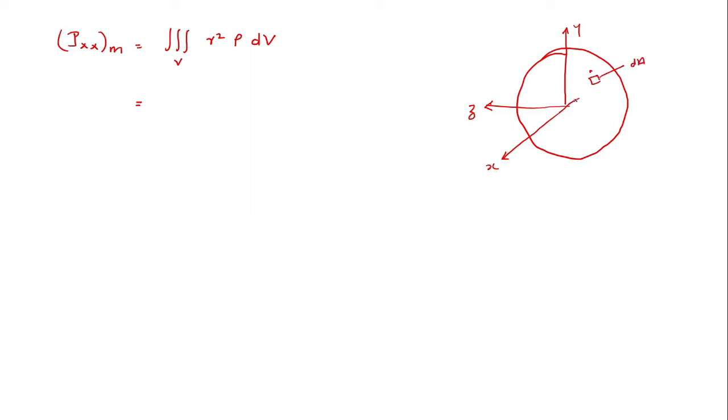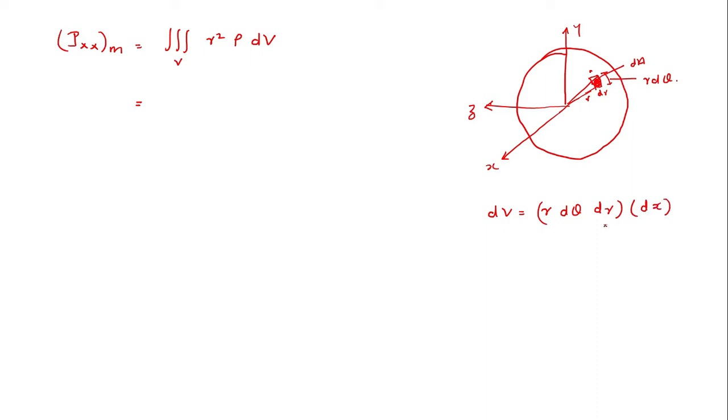Then, as we have studied earlier, this will be dr, this distance will be r d theta. So dV I can represent as r d theta into dr, that is dA multiplied by the corresponding distance along the x direction, that is dx.